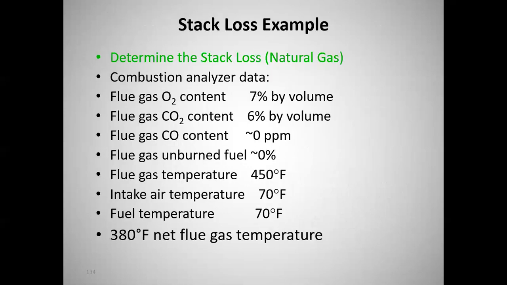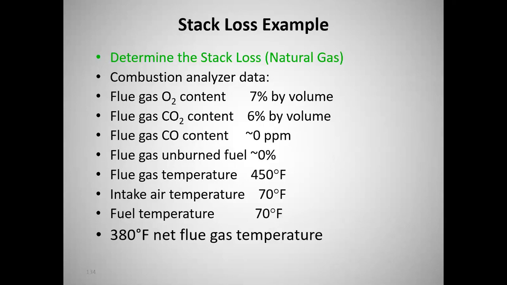Okay, so let's do a little example on our boiler here. Determine the stack loss. We're burning natural gas. Flue gas oxygen content, 7% by volume. CO2, 6%. CO, approximately 0. That's good. Unburned fuel, 0.